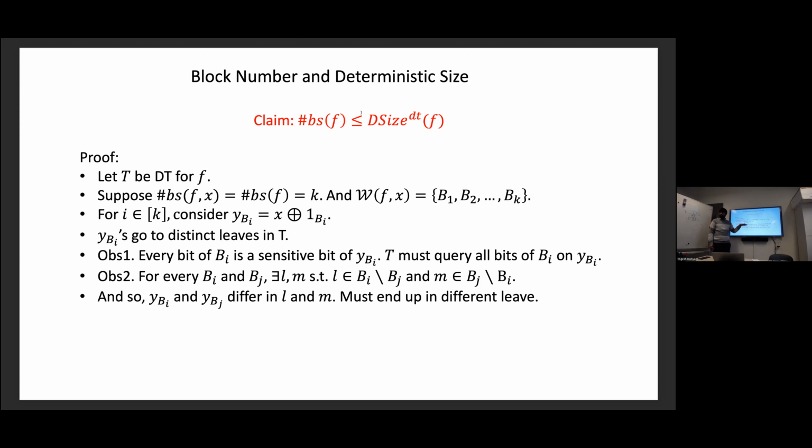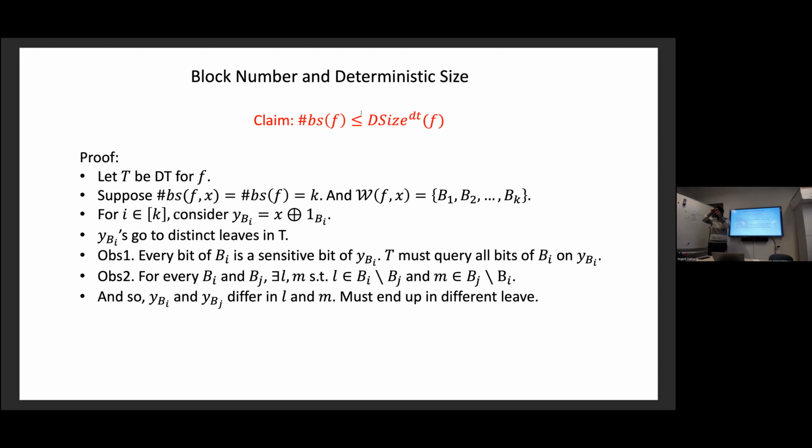So since every bit of Bi is sensitive at Yi, if you take a decision tree which computes the function, then on input Yi, it must query every bit of Bi. Right? It cannot miss because of our fitting argument that we saw. So for Yi, it will query every bit from Bi. For Yj, it will query every bit from Bj. And now they must go to distinct leaves, right? Because there exists a coordinate which is there in Bi, which is not there in Bj.